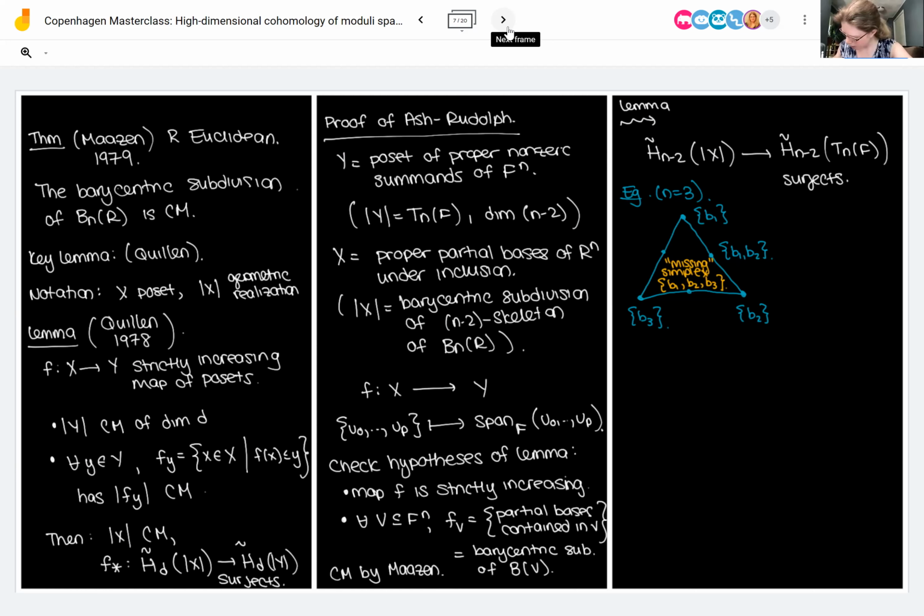And if we look at what this map does, it arises from this map that takes spans. So this is going to map the boundary of this simplex precisely to the apartment in the Tits building I get by taking the lines spanned by these basis elements.